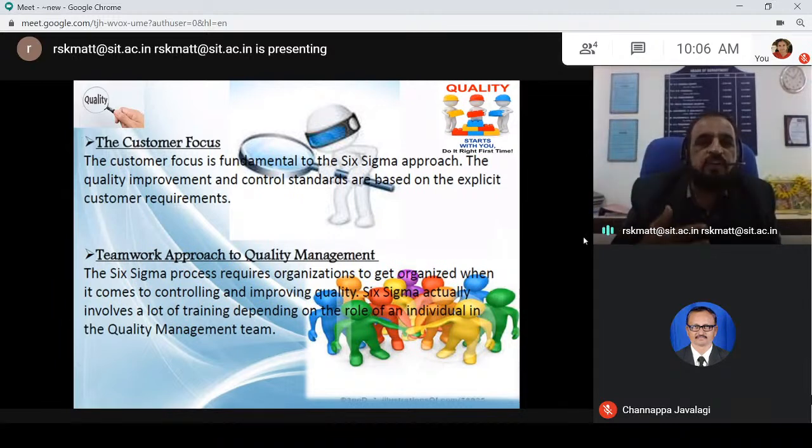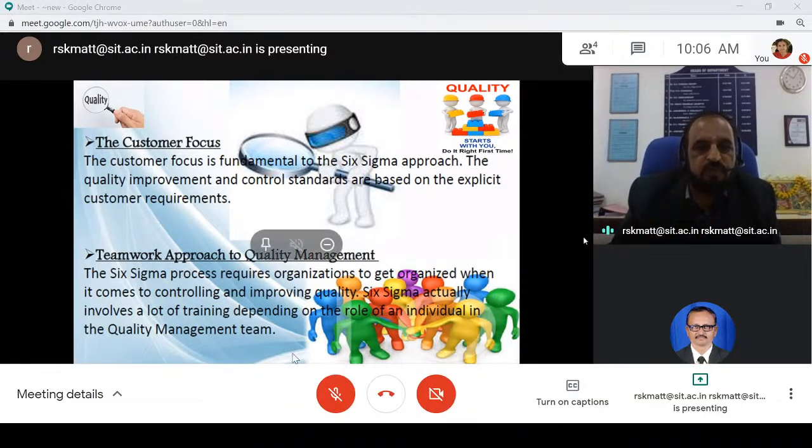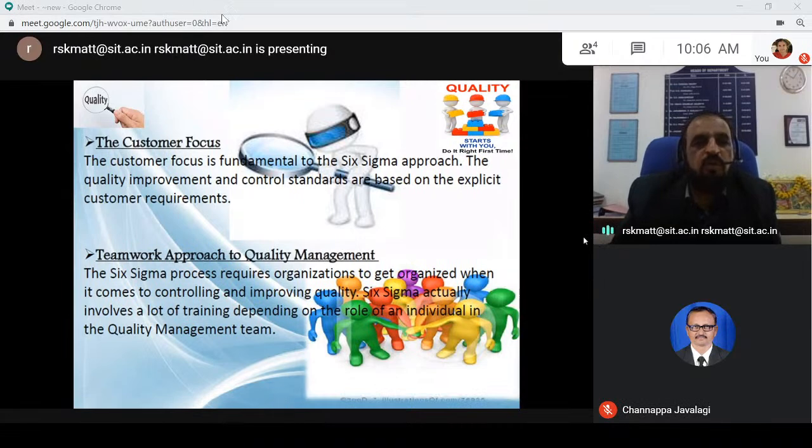We need to add the features the customer is expecting, and deliver that product to the customer. That's why there is customer focus and a team approach. One man cannot do anything in the company, so it's teamwork. Six Sigma tells us that we should all work together.